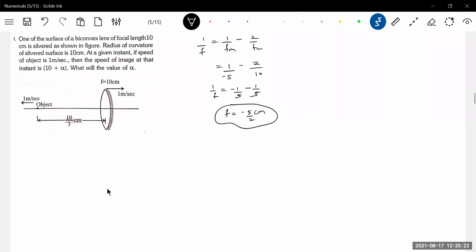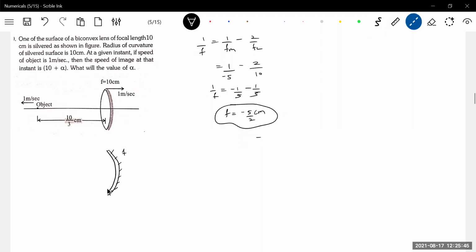Now can we get the radius of curvature of this? R should be equal to 2f. Anyway, not needed. We'll replace everything with a concave mirror. I got f negative.